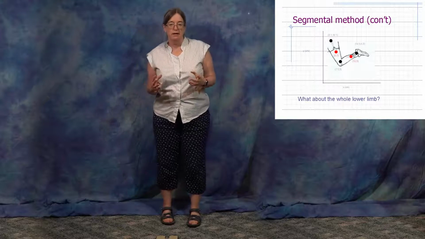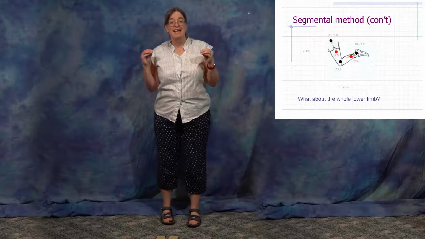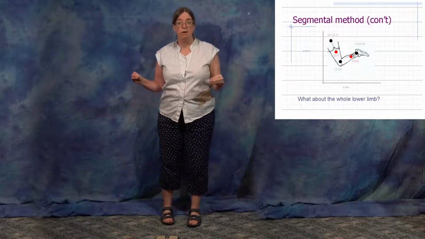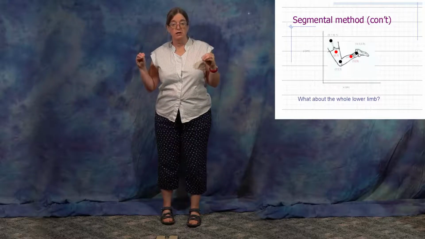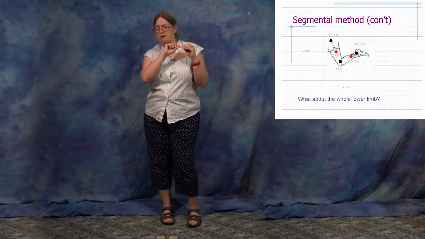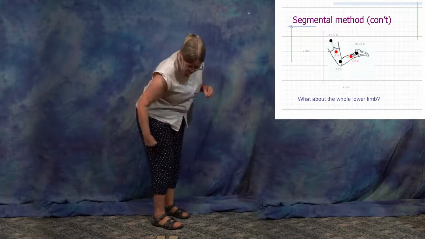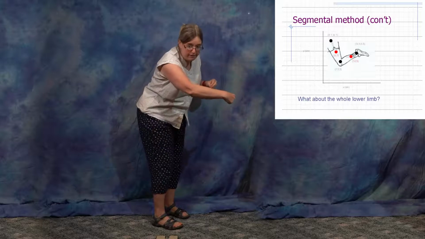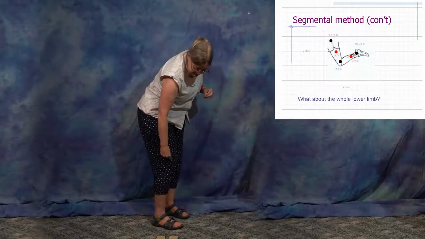Because clearly, both of those centers of gravity of the segments need to be on a line between the proximal and distal joints. Using that equation, if you drew a line from your hip to your knee, your center of gravity of your thigh is going to be on that line. It's not going to be out here, it's not going to be up here, it's going to be on that line.